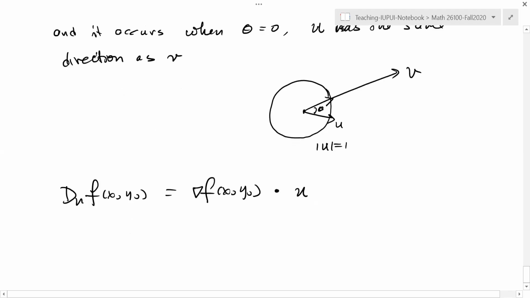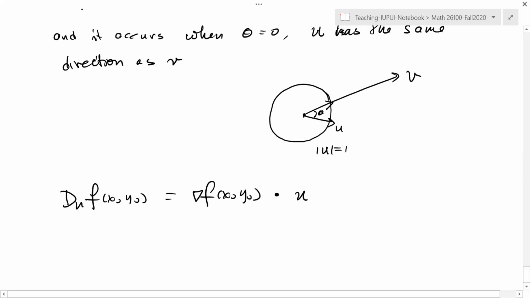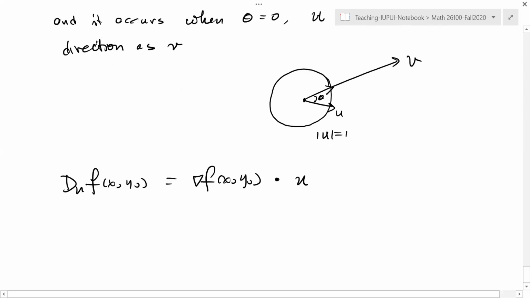If you assume the direction has unit length, we always use unit length, then clearly this is going to be less than or equal to the norm of the gradient of f.